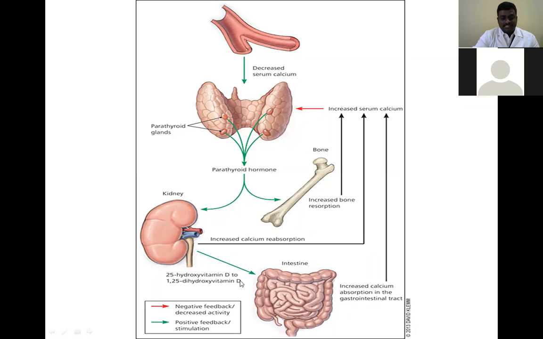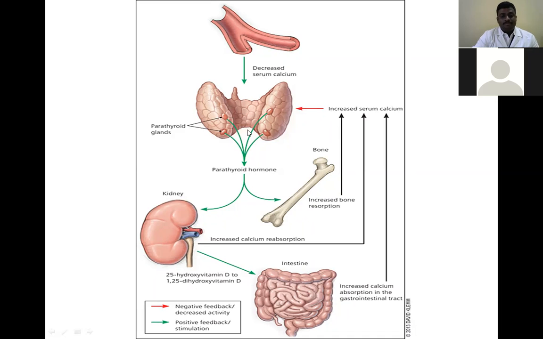This is the active vitamin D, produced in the healthy kidney. This vitamin D activates the absorption of more calcium in the intestine. Absorption of more calcium depends mainly on the active vitamin D. When more calcium is absorbed, it enters the blood circulation.